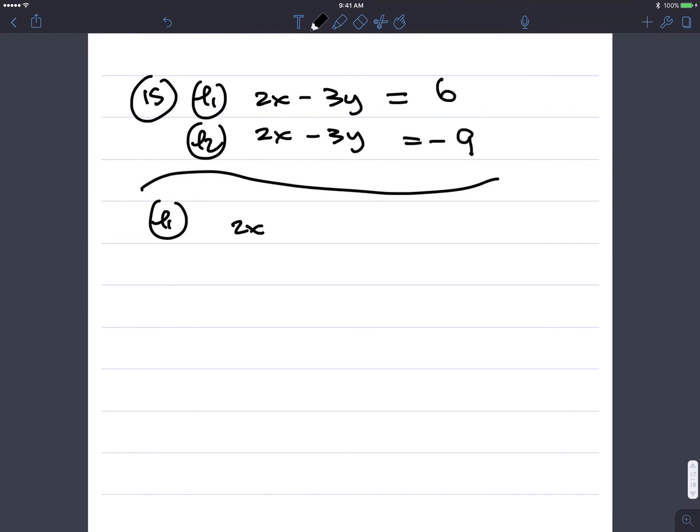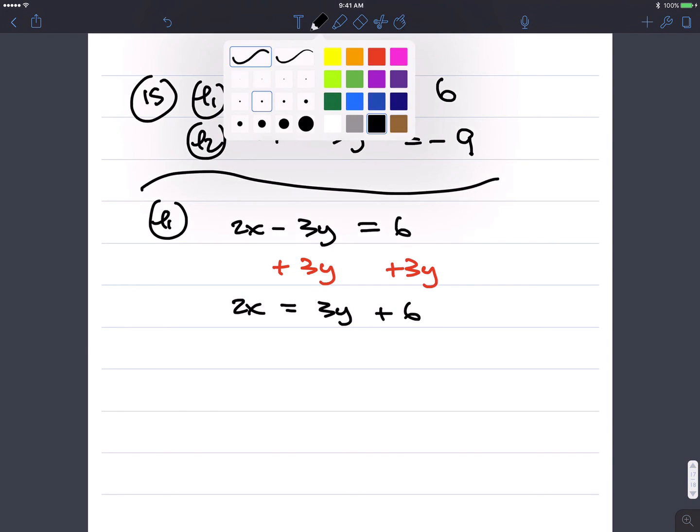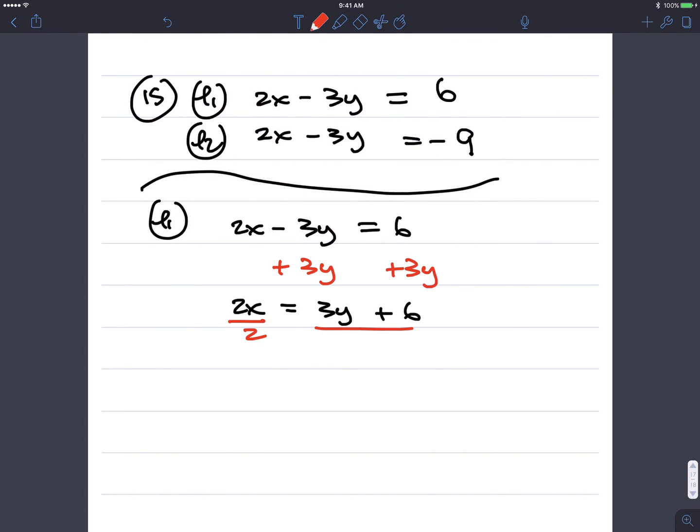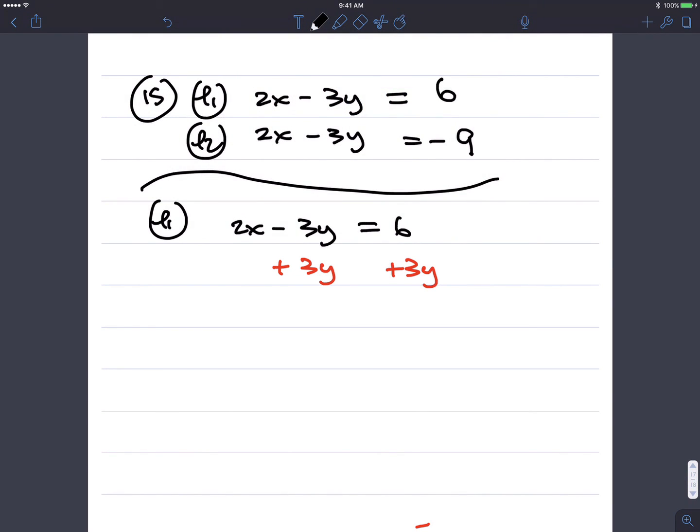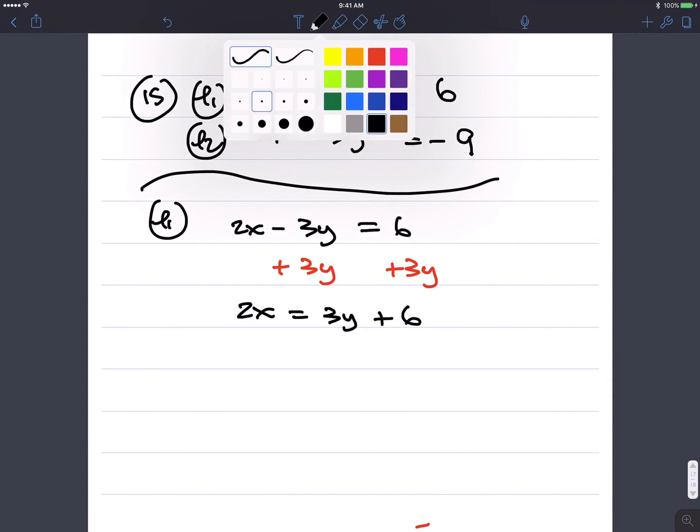Line 1. 2x minus 3y is positive 6. We're going to add 3y to both sides, and you get 2x is 3y plus 6. Divide both sides by 2. Sorry, we're making some mistakes here. I'm going to subtract 6 from both sides.